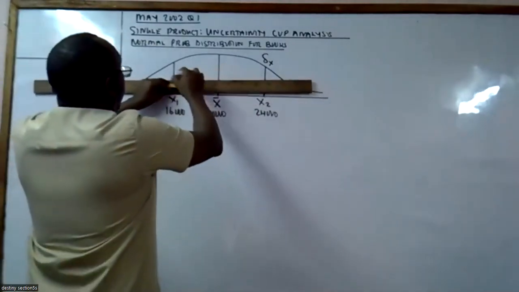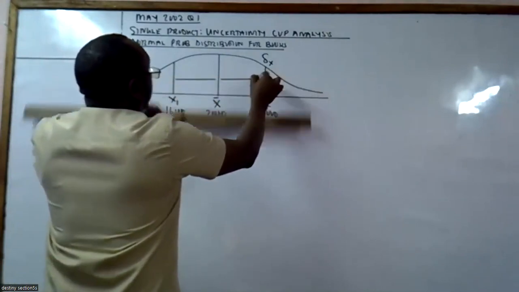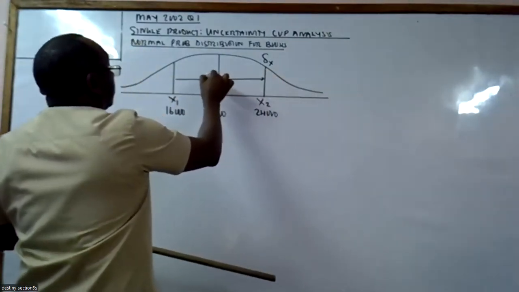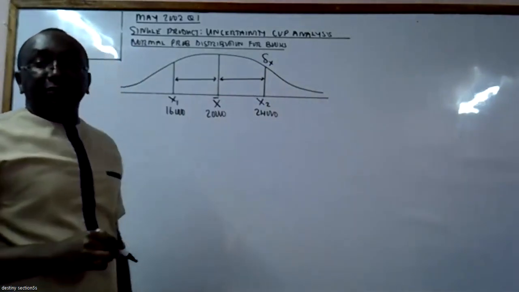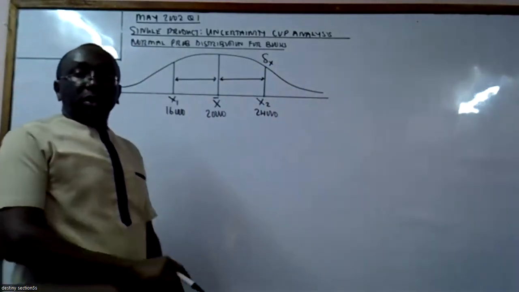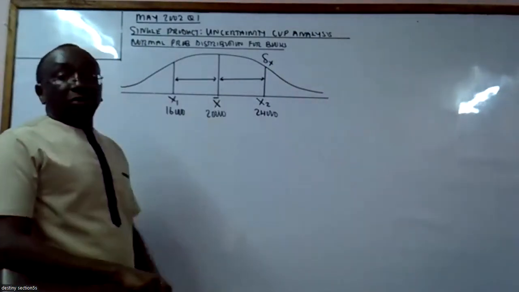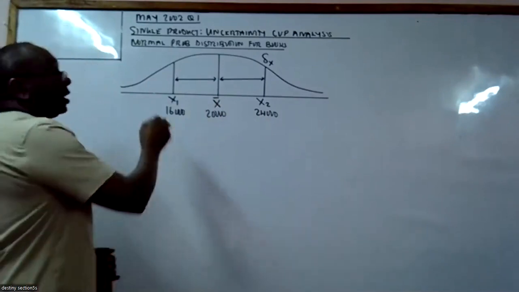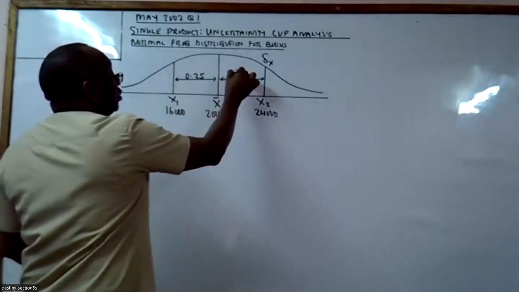Now we are told here there is a 50-50 chance. So if it is 50-50 chance, and it's supposed to be divided into two, then this one is 0.25, and this is 0.25.